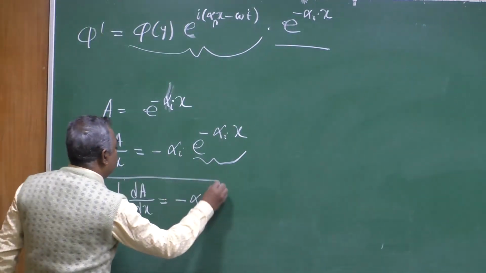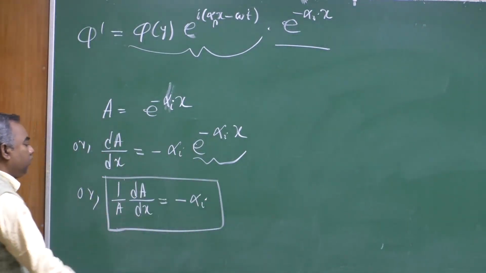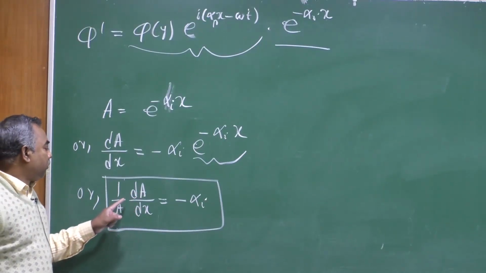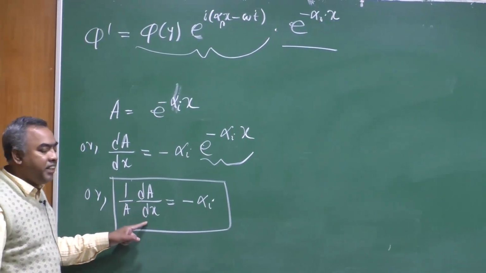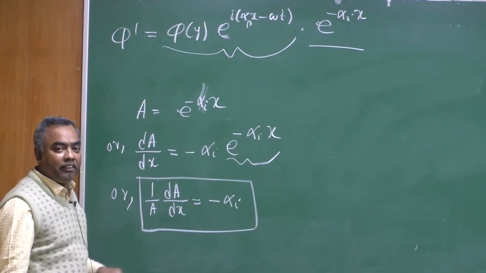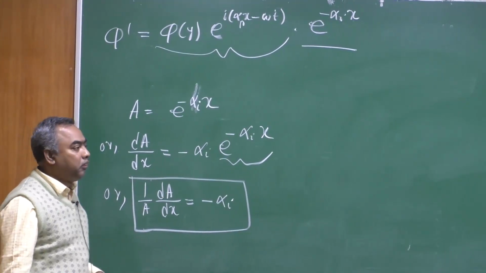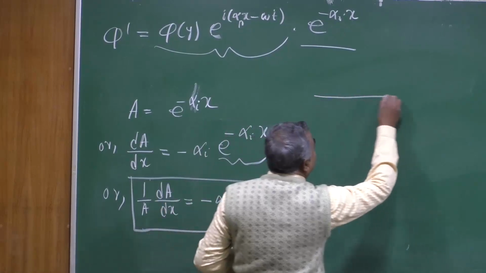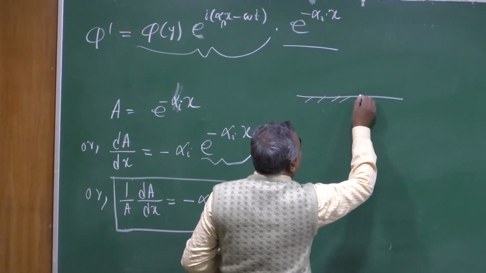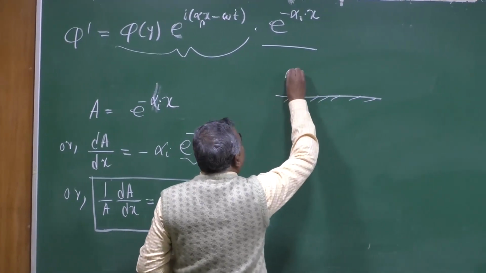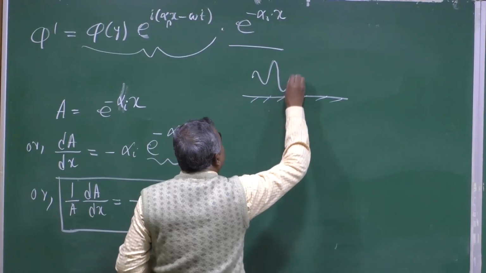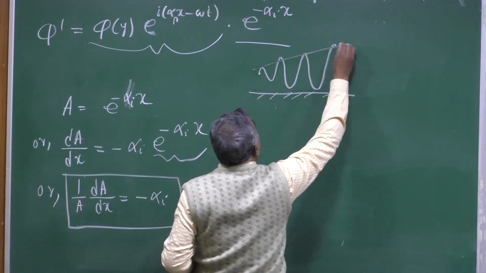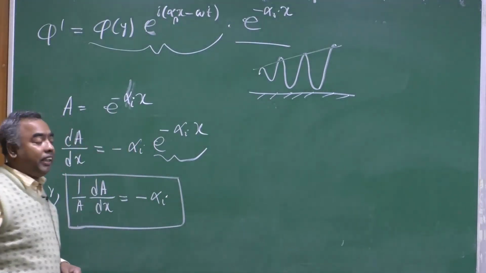So, you see here, what is this? 1 by A dA/dx, A is the amplitude. A is the amplitude means what? We are talking about the spatial growth. So, spatial growth means the wave is increasing like that as you are increasing the distance. So, this is exponential, that is what it says.